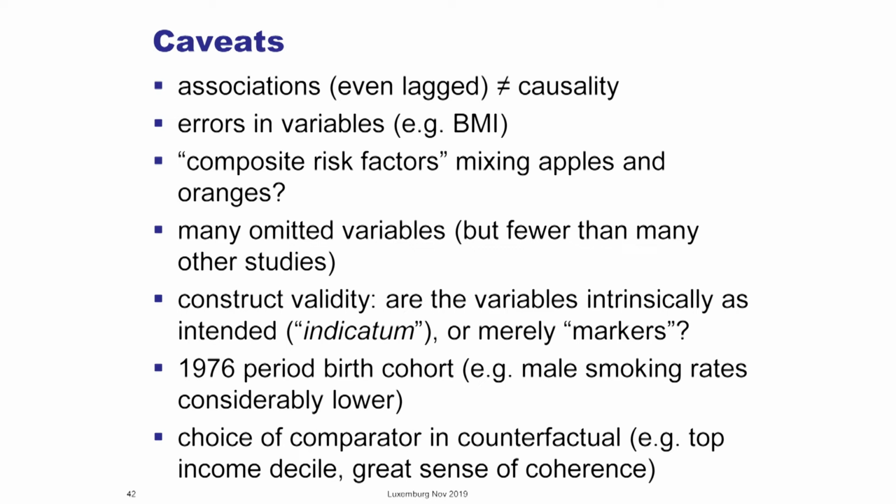There are many omitted variables, so there's something called omitted variable bias, but I would contend that the number of omitted variables here is far less. And in effect, we've included what some folks call time-varying covariates explicitly. Both of those make big differences. If they're left out, you can get really misleading results in conventional epidemiological studies.